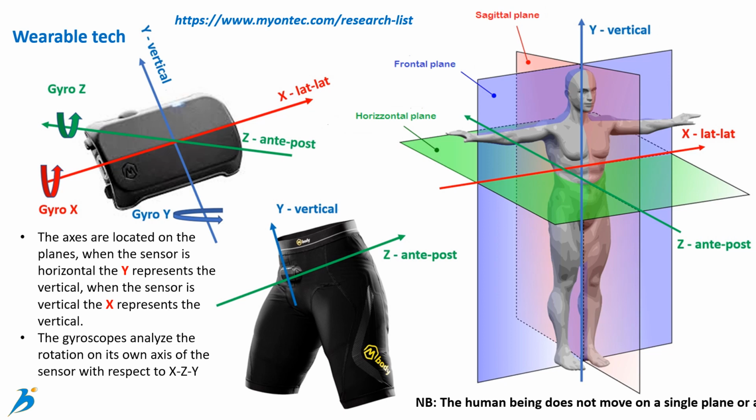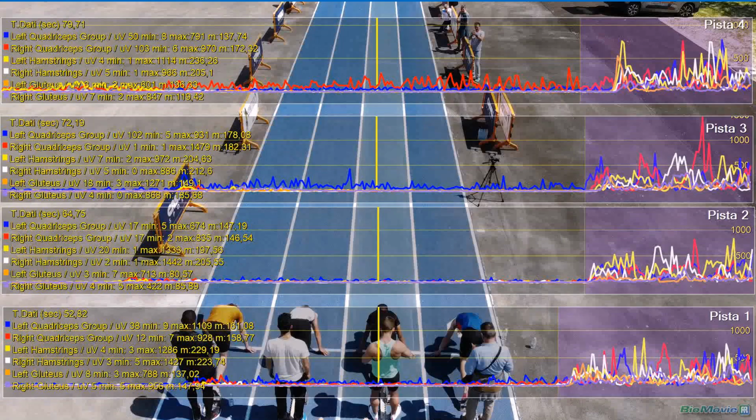Regarding wearable technology, here we find the website of Myontech, in which you can find a lot of literature on the technology that Myontech developed. And here you can see the technology of Myontech in action. We are starting a new track, and we can see 4 athletes with 4 different muscle activations.